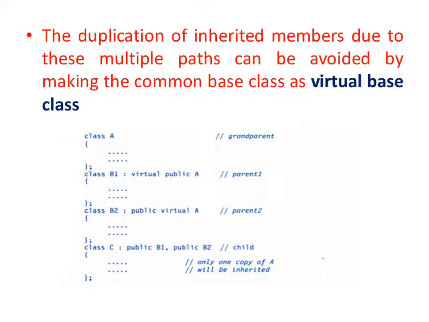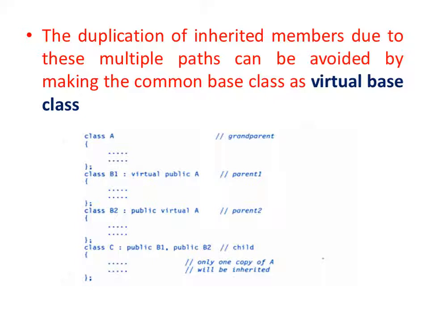If this keyword is found, then duplication of all the members of the base classes into my child class will be avoided. So my child class C will be holding only one copy of the data members of the parent class. Again class B2, one more derived class, also has public virtual A. We can interchange the positions of public and virtual; it is not going to make any change, and the meaning is the same.